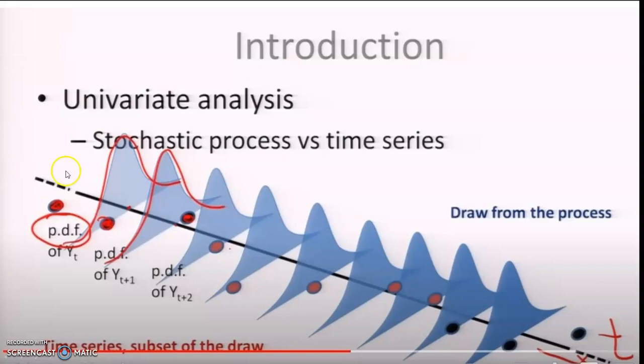For example, this is the probability distribution function associated with yt values of the series. This is the probability density function of the time series associated with yt plus 1 and so on. And these red dots, some of the dots are below the line and some of them are above the line. These are the actual realization of the stochastic process. So the time series is one draw from the stochastic process.